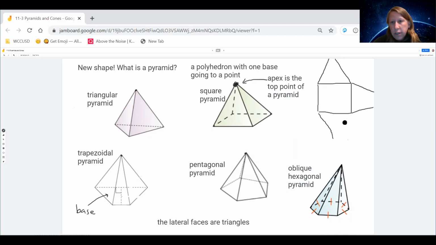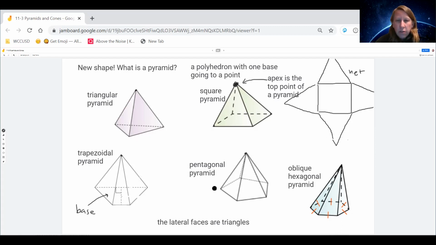And I put lots of fun links for you to look at. This is called a net. And again, you can see that the base is a different shape than the lateral faces. And if it's a perfect square pyramid, then all of these would fold up to that apex point, and all four of these would be congruent.